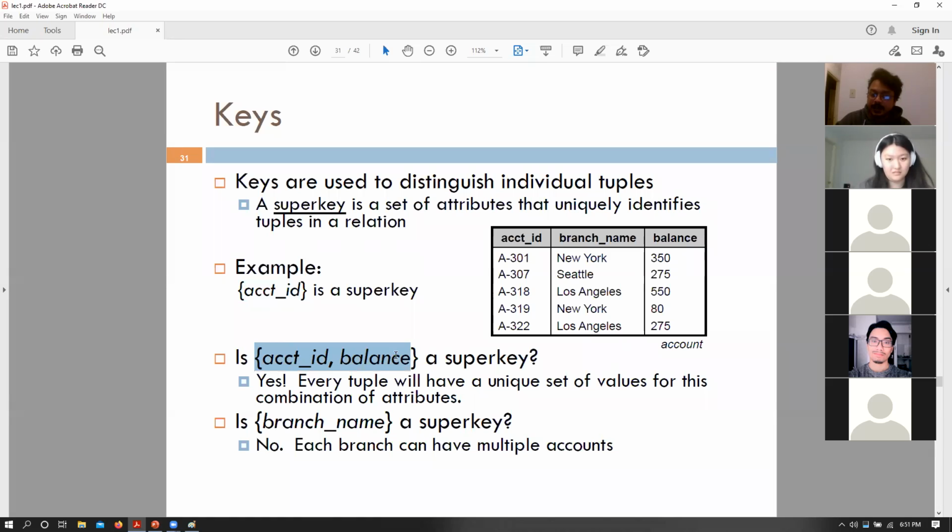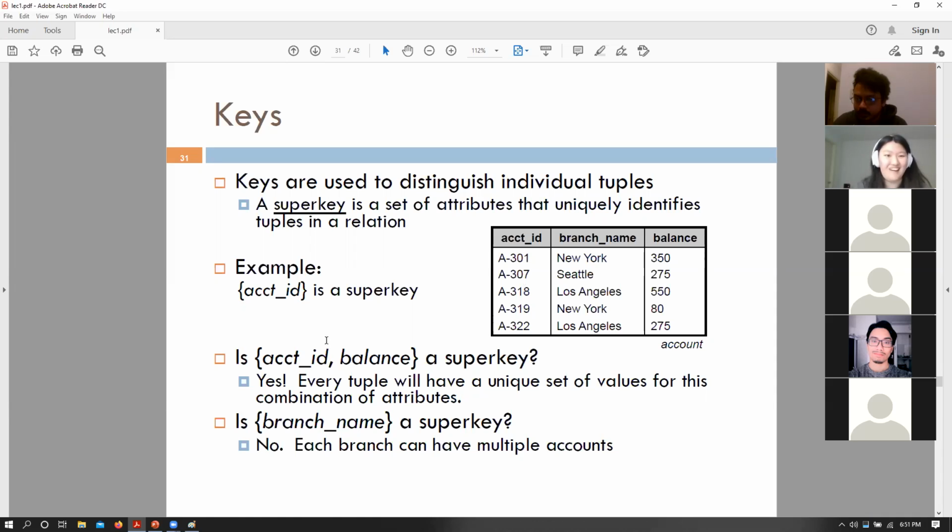So account ID and balance can be used as a super key. However, branch name cannot be used as a super key because there are duplicates of branch names across my table. We have Los Angeles, we have Los Angeles, we have New York, we have New York. So there are duplicates of branch names and that cannot be used as a super key. So at least branch name on its own cannot be used as a key.